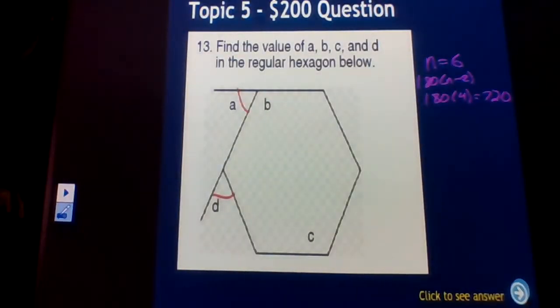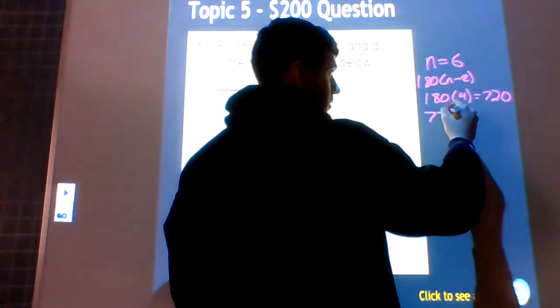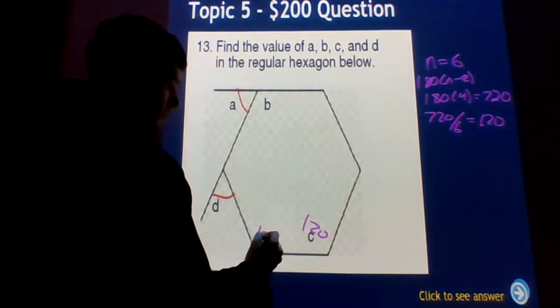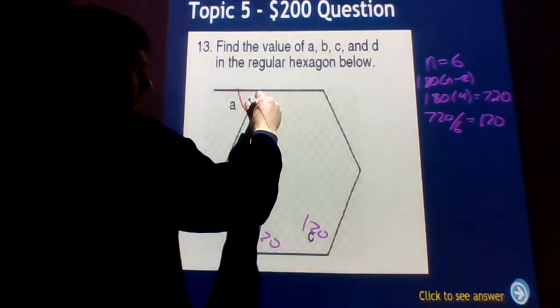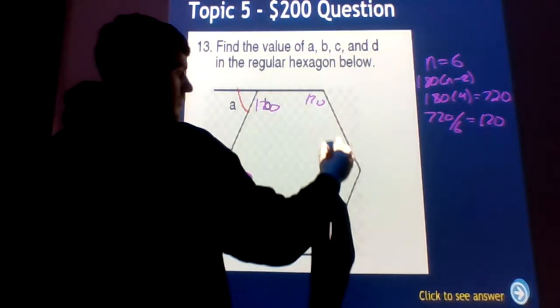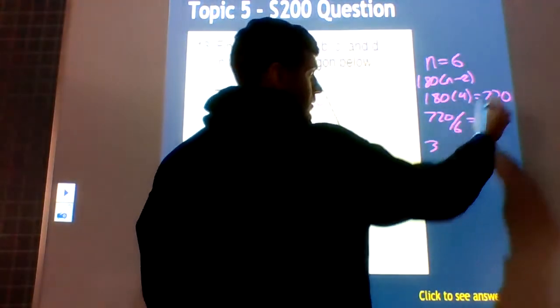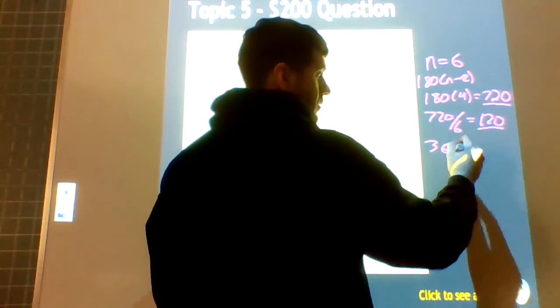We want to find each, so we've got to do 720 divided by 6, because there are 6 of them. That's going to give us 120. So all of these are 120. The sum of exterior angles is 360.